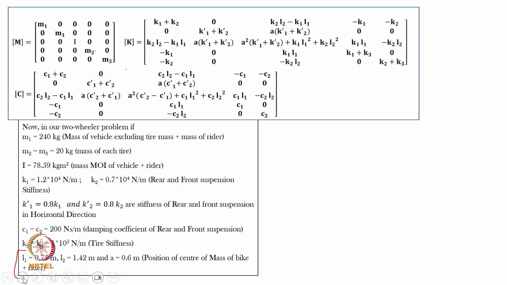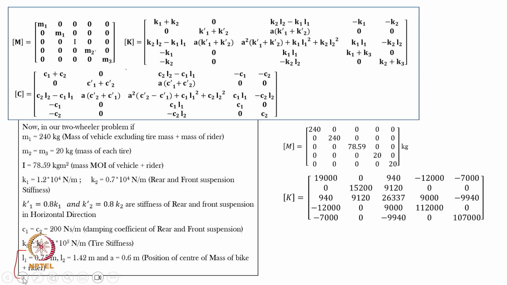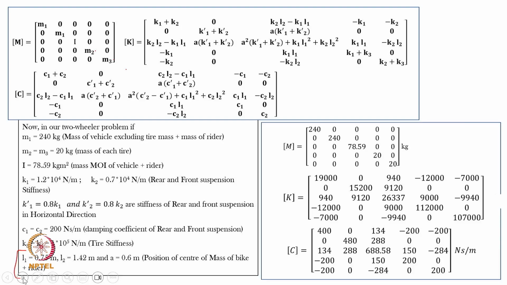If you use these numeric values in the matrices, you will get the mass matrix and stiffness matrix in the form as you see here. Their values are shown here. You can use these and figure it out yourself, that the elements of the various matrices turn out to be as you see here in this form.